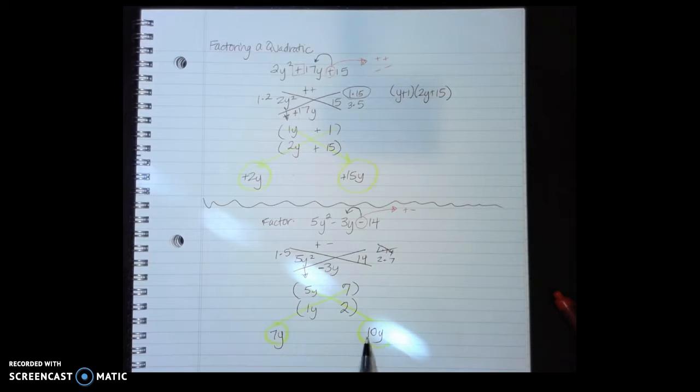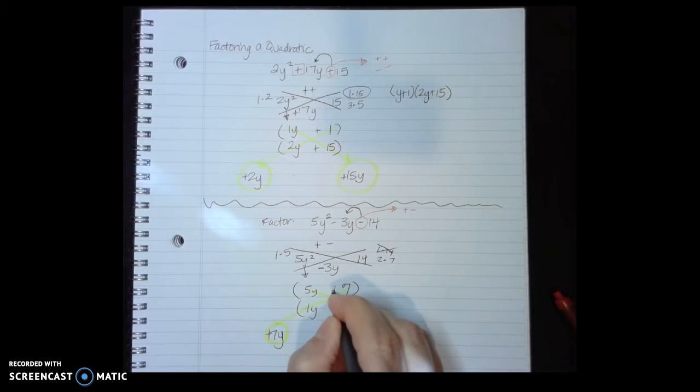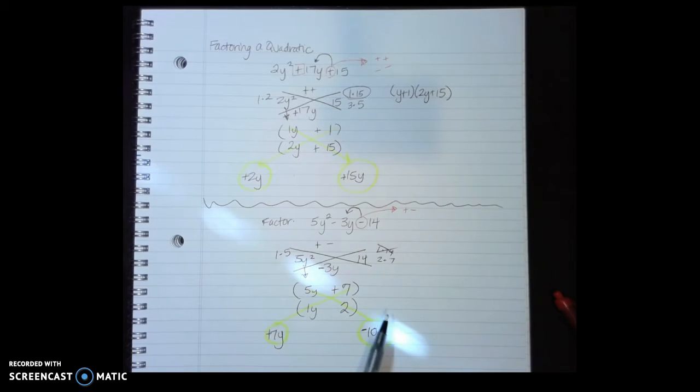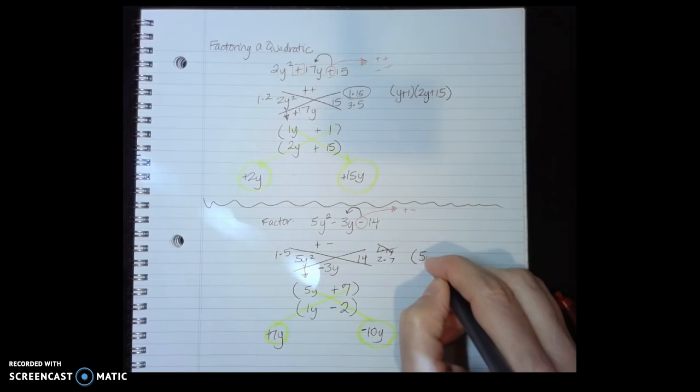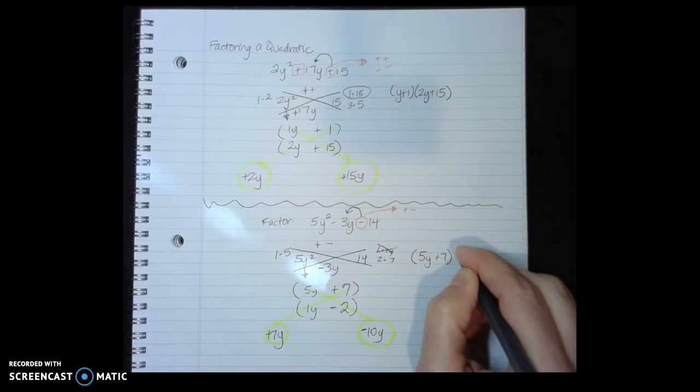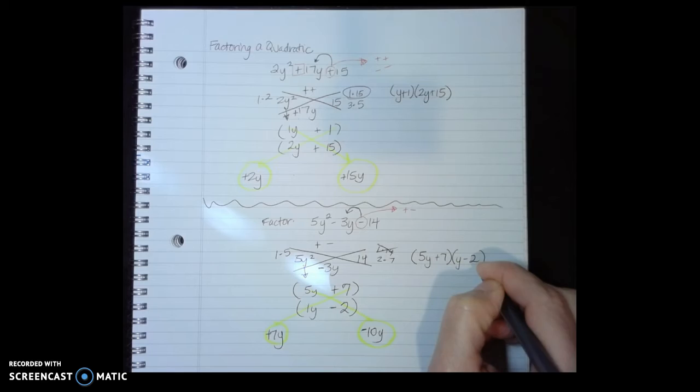So when I'm looking at my insides and my outsides, to make it negative, the big one would have to be negative. So my 7y has to be positive, so I put a positive there. And my 10y has to be negative, so I put my negative here. So when I write my factors, I have 5y plus 7 times y minus 2.